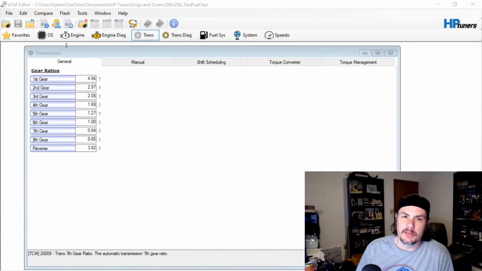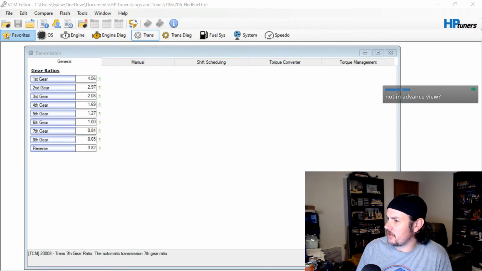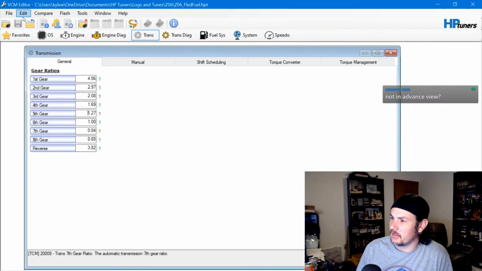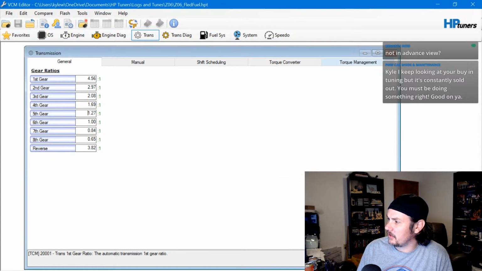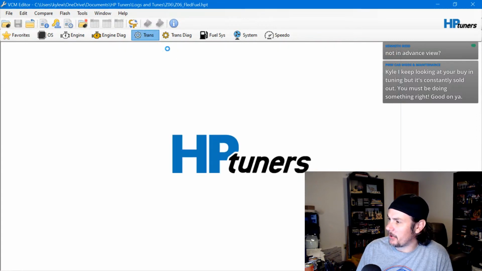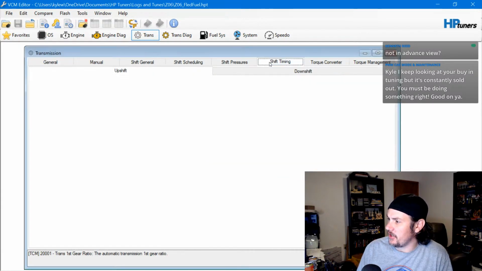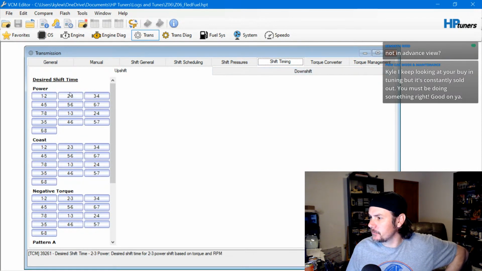Make sure that you're viewing it in advanced mode. So you can see here, this is out of the Z06. There's no shift speed on there. Make sure that you go up to edit, change your view over to advanced. Reopen your parameter window. Now you should have shift timing, because my guess is that's all that's happening.